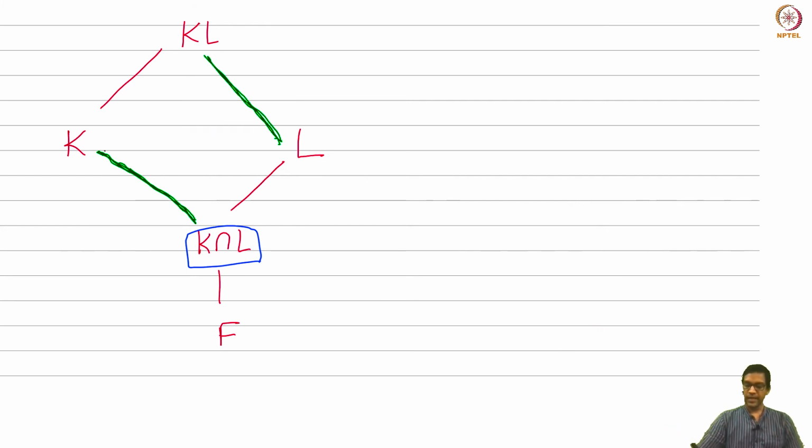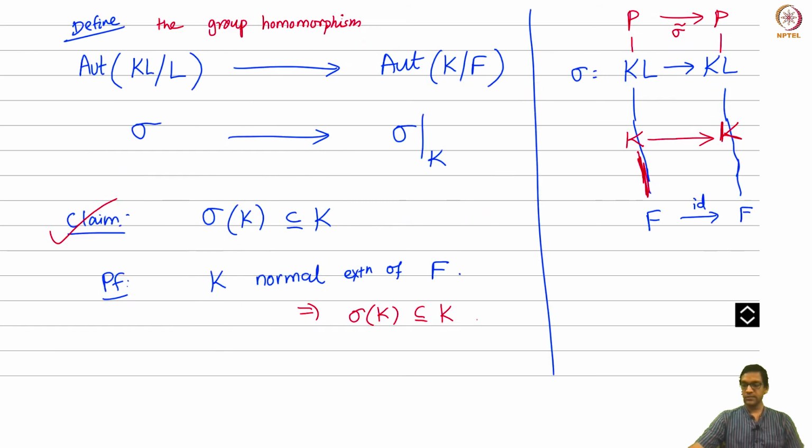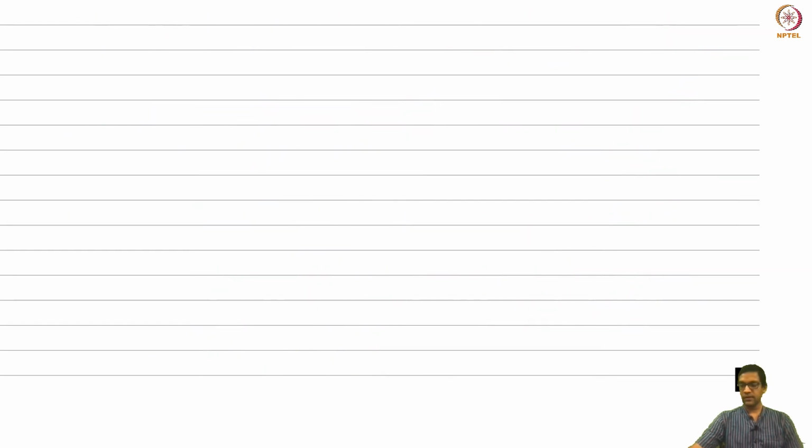If K over F is Galois, then so is KL over L. Further, the Galois group of KL over L is the same as the Galois group of K over K intersection L. Okay, now let's just finish this up with a little corollary, which is going to be very useful to us.